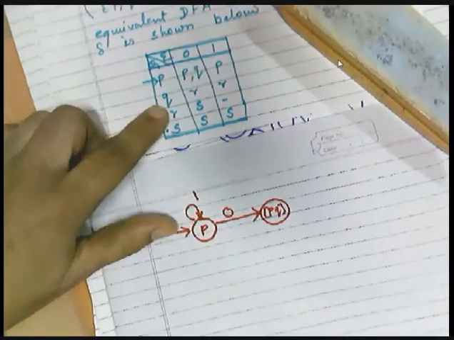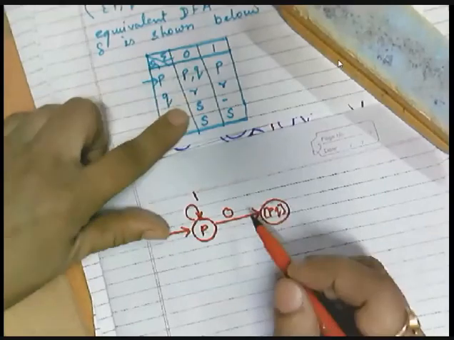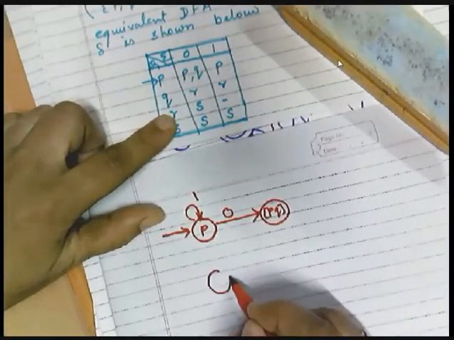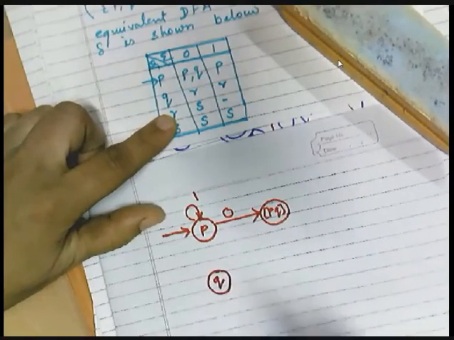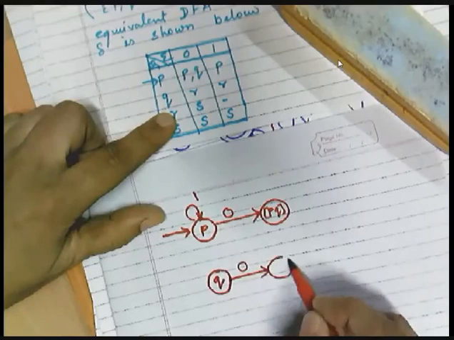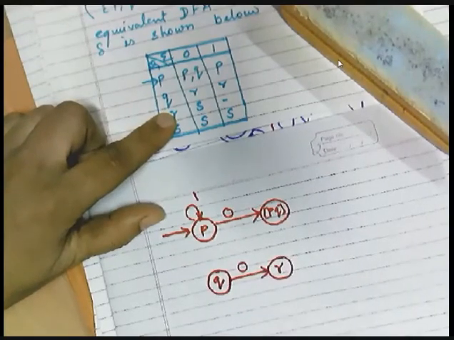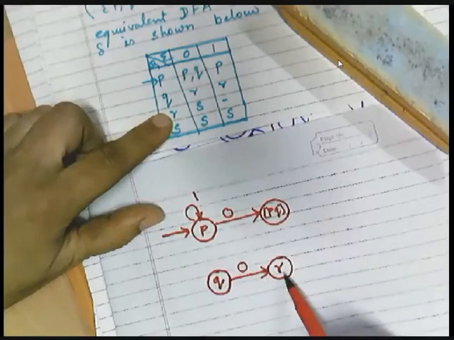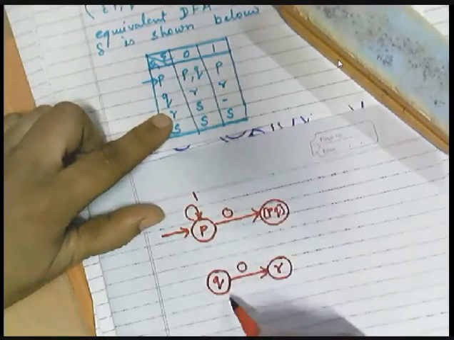Next, Q on 0 moves to R. So there is no Q state, so I need to make one state as Q state. And Q on 0 moves to a state R.